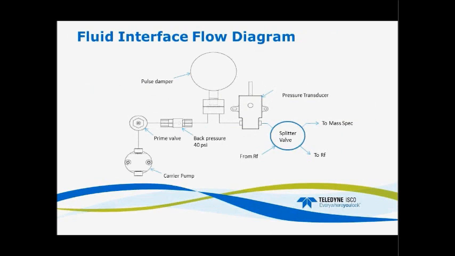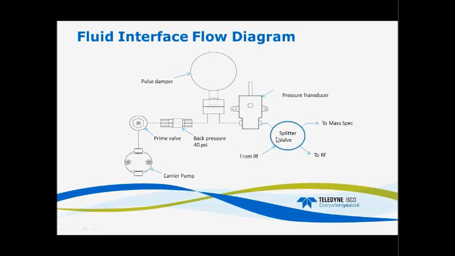First of all, let's just look at what happens in the fluid interface. This is a simplified flow diagram of what goes on in the fluid interface. The purpose of the fluid interface is to take the aliquot from the flow stream from the RF, send it through a splitter valve, and return it back to the RF and to the UV detector.